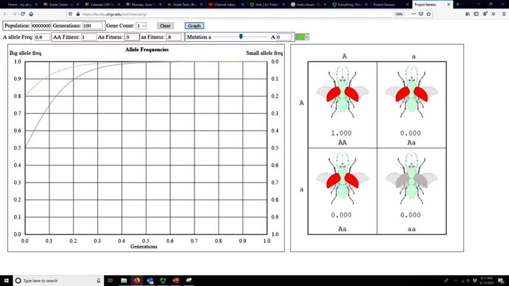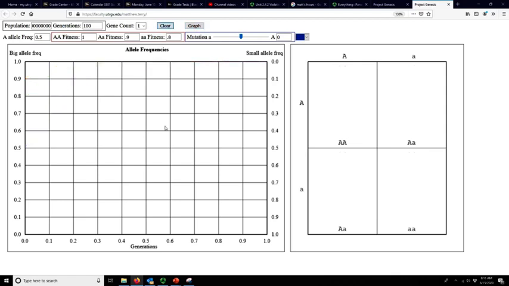And of course, if I start at 90%, we're going to reach fixation a little bit more quickly, right? So the initial rate of fixation is going to have an impact. So let's go back to 50-50 and we'll reset this. Sorry, I said the initial rate of fixation. What I meant was the initial frequency of the advantageous allele. Okay, let's go back to 50-50.